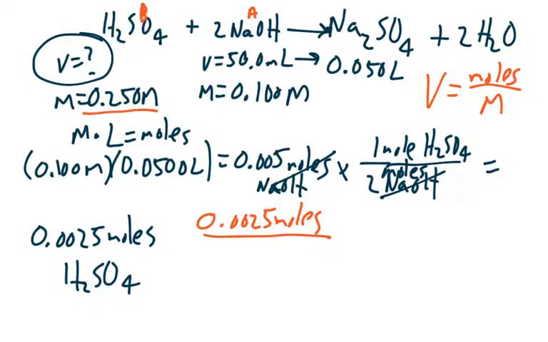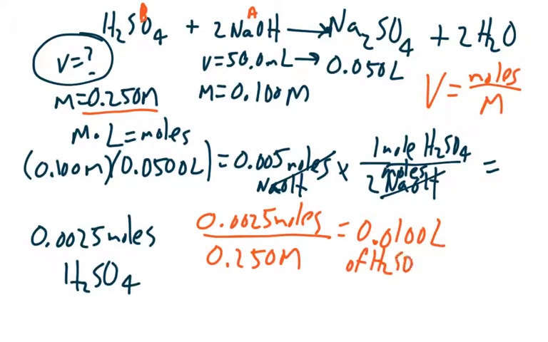It's 0.250 molarity. When you do the math, you end up getting 0.0100 liters of H2SO4. Now, if they ask you to represent the answer in milliliters, you can change it.